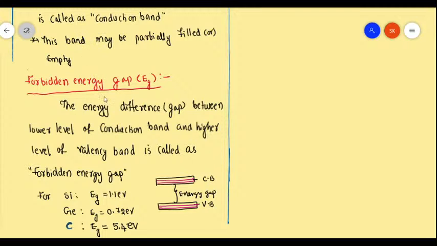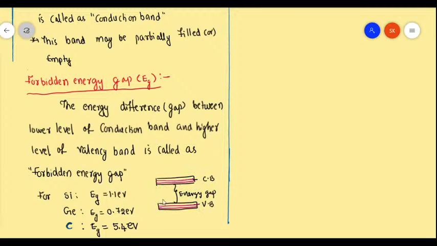Conduction band means it is the energy band which contains the conduction electrons, free electrons, and which is above the valency band. You see here, this is the valency band, the energy band, and this is the conduction band which is above the valency band. That is called the conduction band.